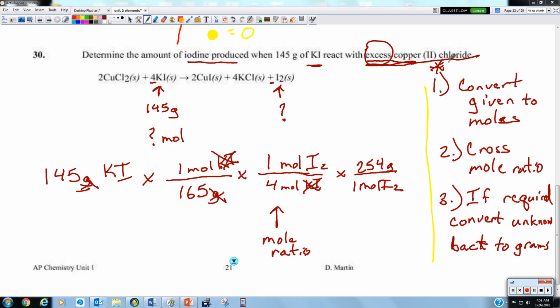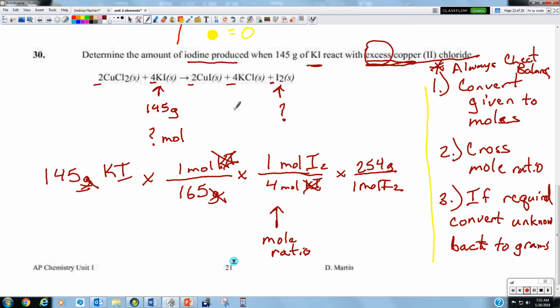Balanced. But like I said, on this one, one of the things to notice is that since coefficients are already in the equation, anytime you see coefficients present, you can just about 99% guarantee it's balanced.